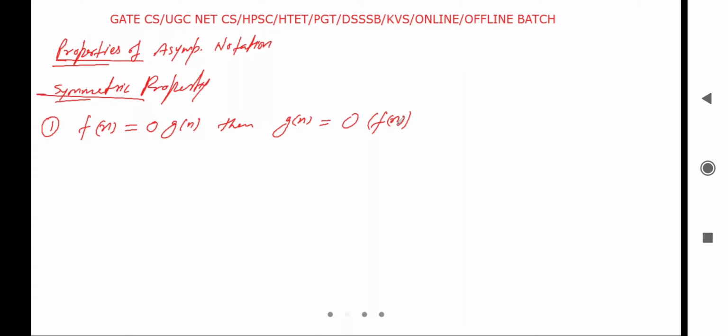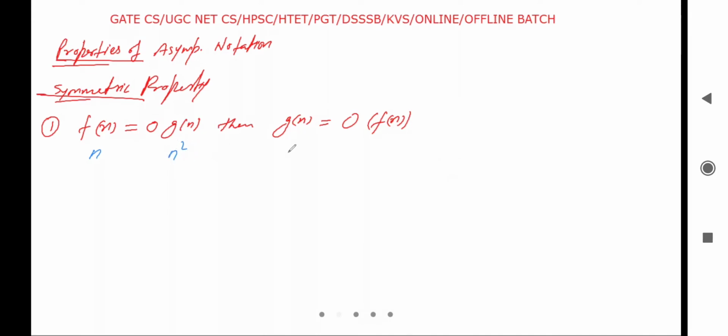Now what will happen in this case? Assume that f of n is n and g of n is n square. If f of n is n and g of n is n square, then can we say g of n equals order of f of n also?